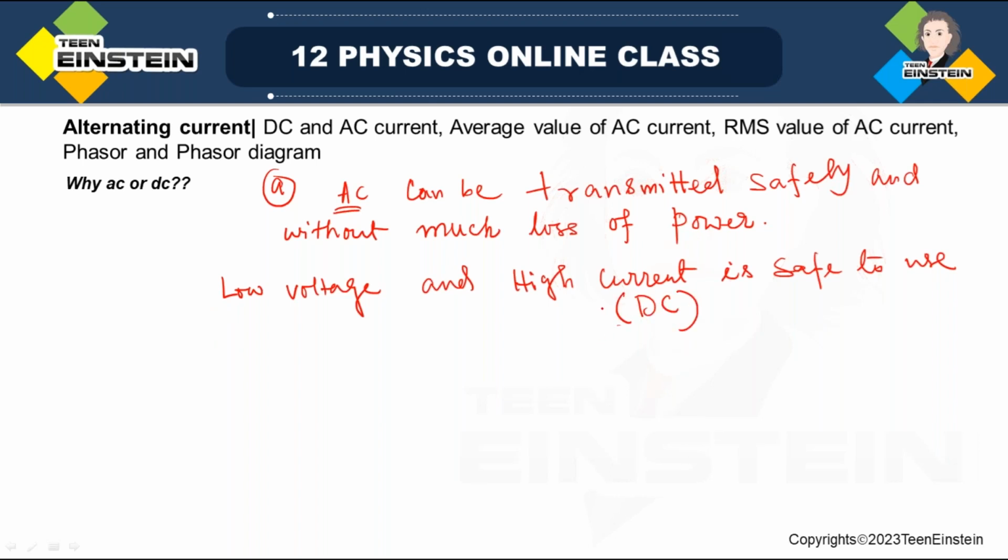In DC, the voltage is low but current can be high. So transmission is not cost effective because loss will be very high. If we have I square R, that is the power, this is the power loss, heat generated, or loss of power.